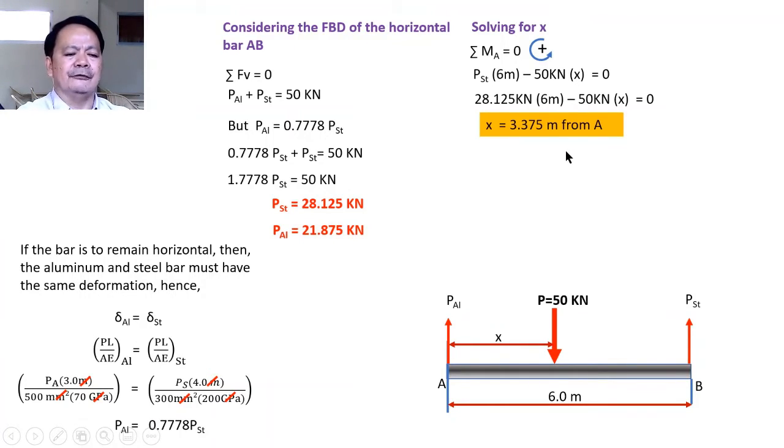And so after that we can now define the total deformation of the bars, which is the vertical movement of the horizontal bar AB.